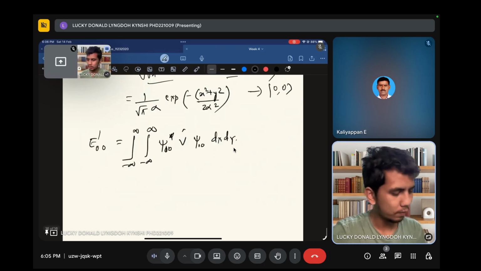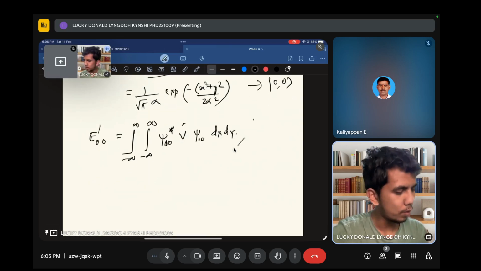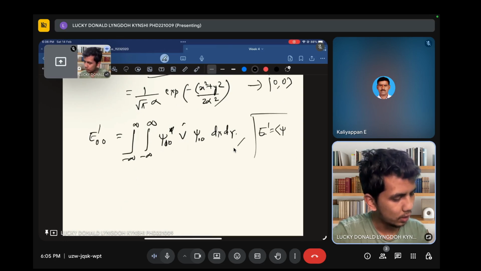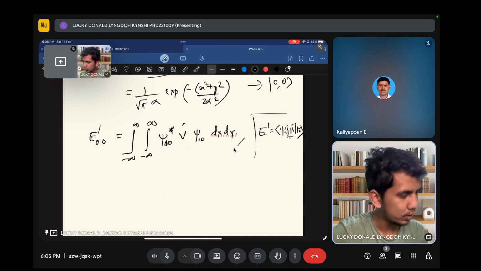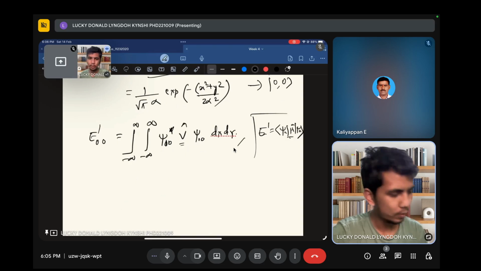This is the perturbation formula of energy correction, if you remember it. We get something like psi n, H prime, psi n, right? And here the perturbation is already given for you. I just represented it as V prime instead of H prime. Okay, that means it's the same thing.